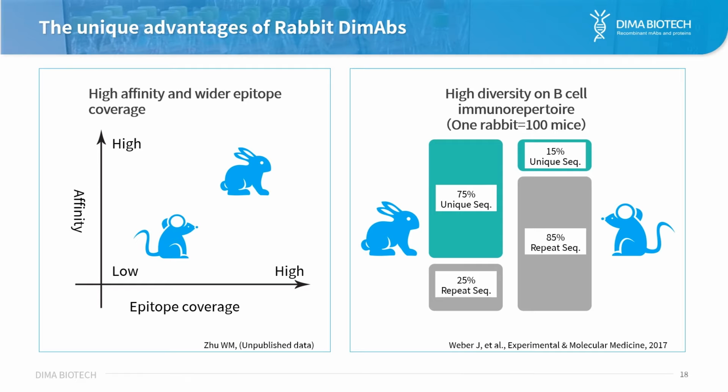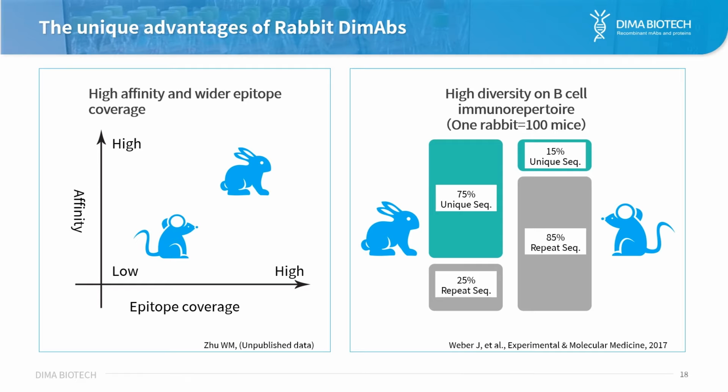The rabbit antibody affinity is 1 to 2 magnitude higher than mouse, and if you use the same immunogen, the rabbit tends to get more epitope coverage compared to the mouse platform. The reason for these two advantages is because rabbit B-cell immune repertoire is more diversified compared to mouse.